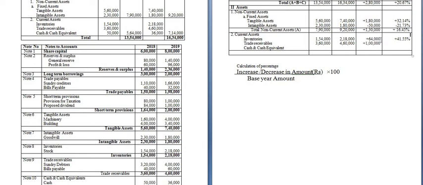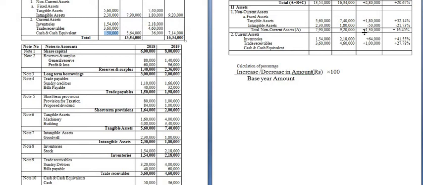Now find out the percentage. 1 lakh divided by 3,60,000 into 100 is equal to 27.78%.